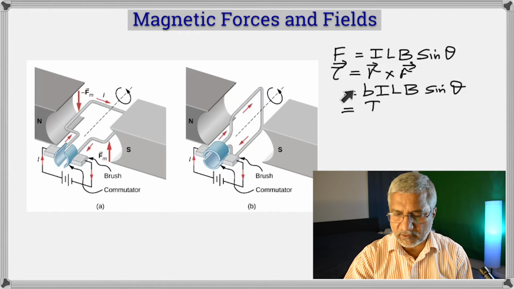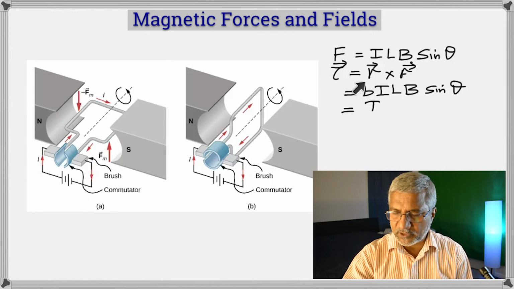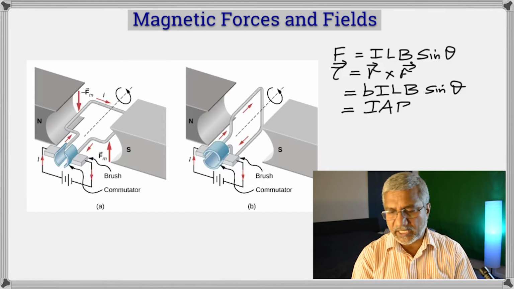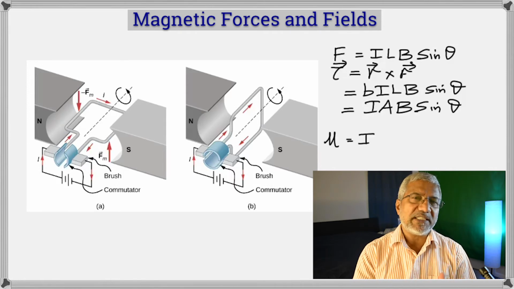You see that I included b, which is the breadth or the width of the coil or the loop. Everything else is the same. But what is the product of width and length? Isn't that area? Yes, it is. So that becomes IA. So A is the area of the loop. And that is for one turn, right?